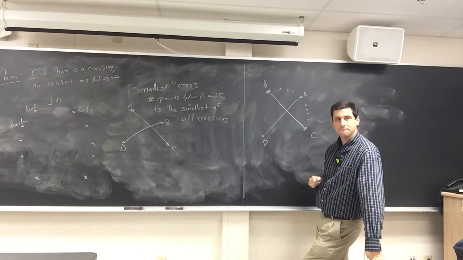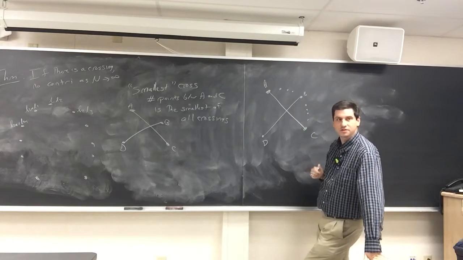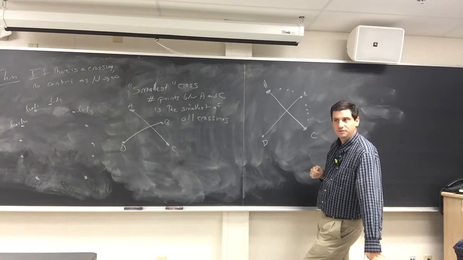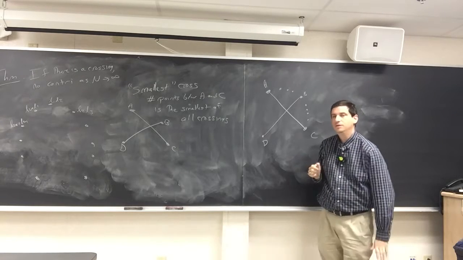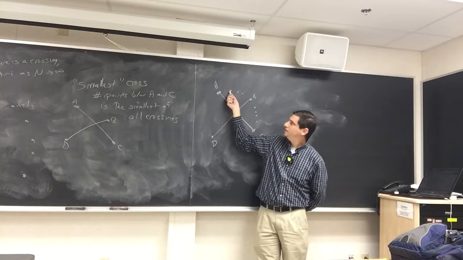If they're connected to each other, do they form more crossings? So if anything in here is connected to anything else, it cannot be connected on this side, right? Because then it would cross it.